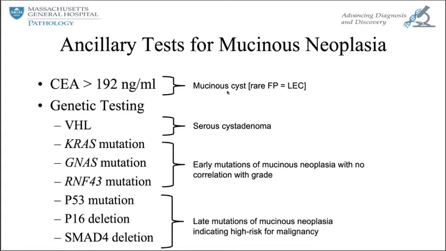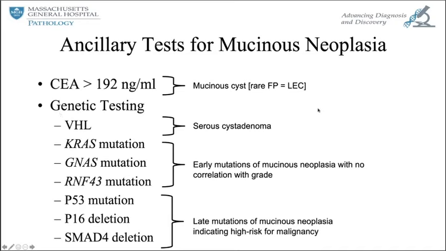So not all mucinous cysts are defined by a high CEA. So low CEA does not exclude a mucinous cyst, but a cyst with a CEA of 192 is a mucinous cyst until proven otherwise.